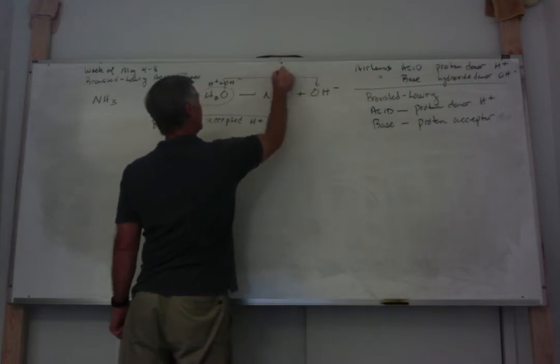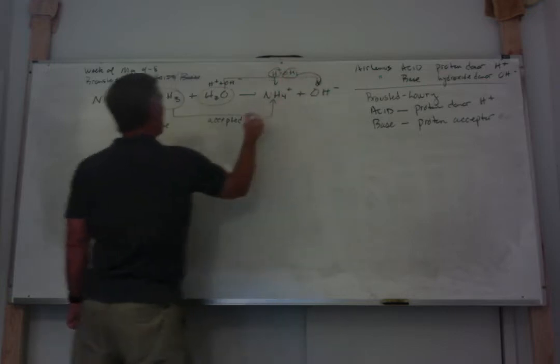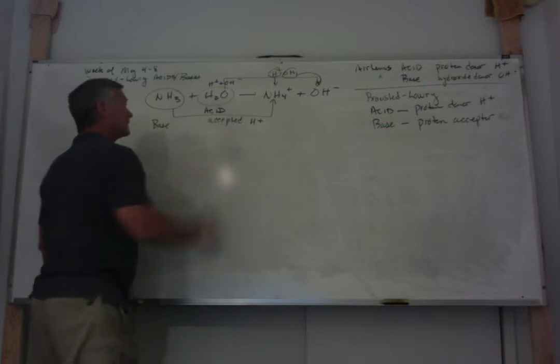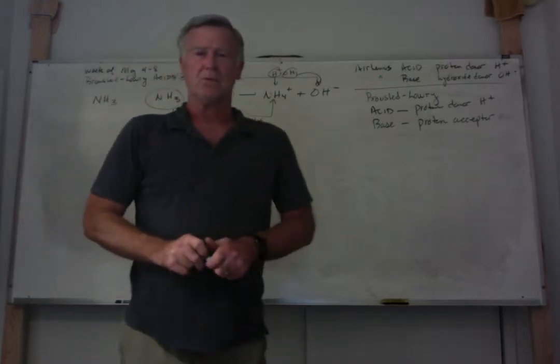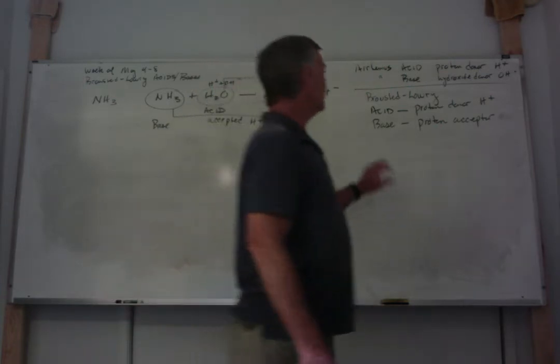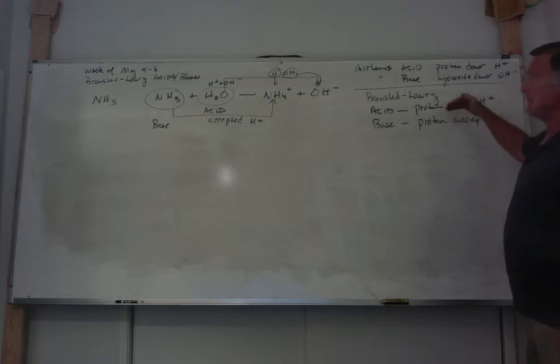So H2O became HOH with the plus, and the plus went to here, and the OH went over to here. In this case, water is an acid. Now, you might say, well, water's neutral. It can't be an acid or a base. Well, it depends on your definition. The definition here, it is an acid because it gave away an H+.